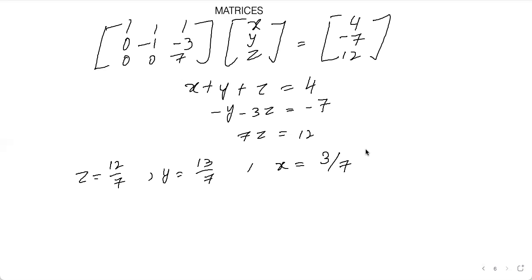So we got the x, y, and z values, which constitute the unique solution of the given system. Okay.